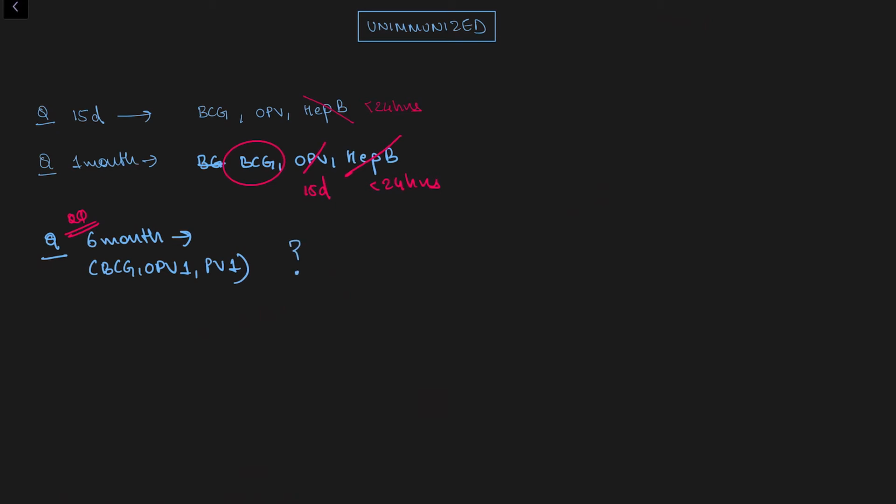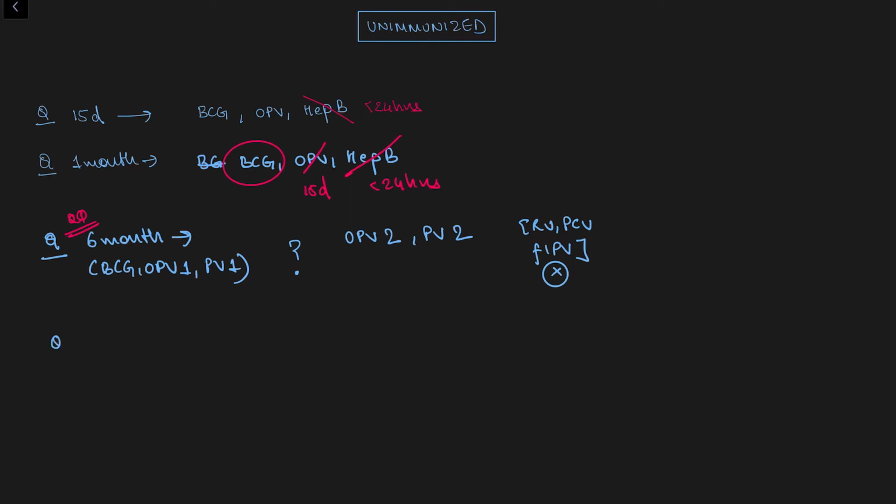So, what will be the vaccines that we should give to him? First, we will give the second dose of OPV and the penta. Remember, the newer vaccines like rotavirus, pneumococcal vaccine, and fractionated IPV are given only along with the first dose of OPV and penta. Hence, these vaccines will not be given.